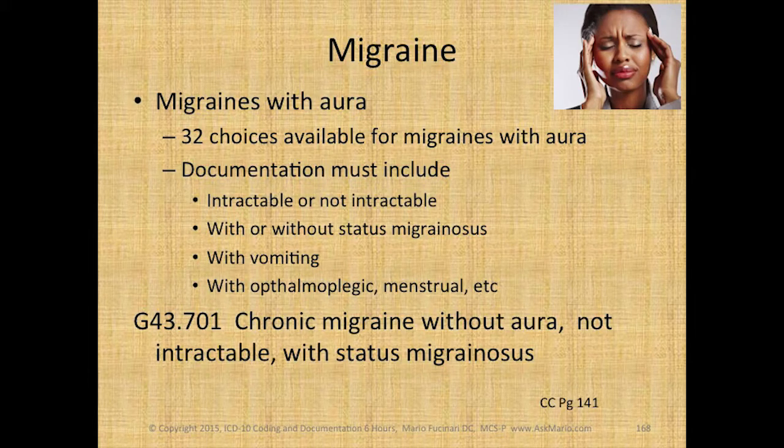Intractable, what does intractable mean? Is it relieved with medication or not? With or without status migrainosus, and again, intractable means it's not relieved. Migrainosus is, are they having visual disturbance or not? With vomiting or without, as well as photosensitivity, is it menstrually related, which might be hormonal, okay?